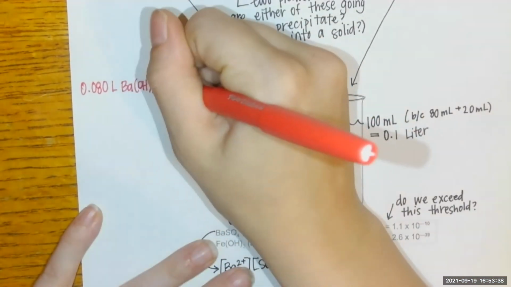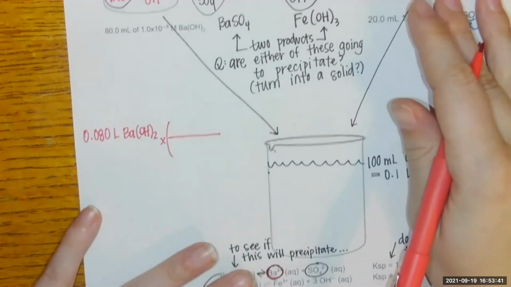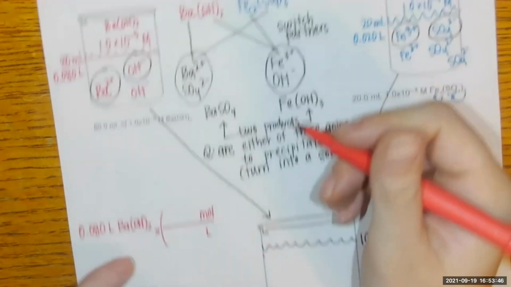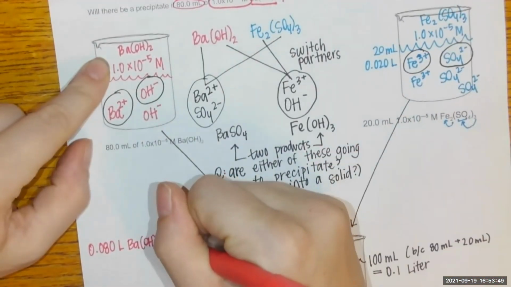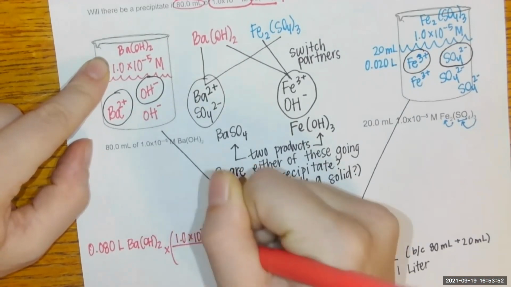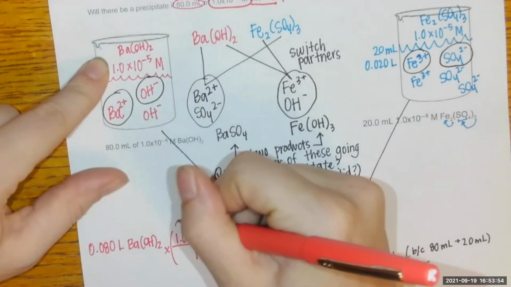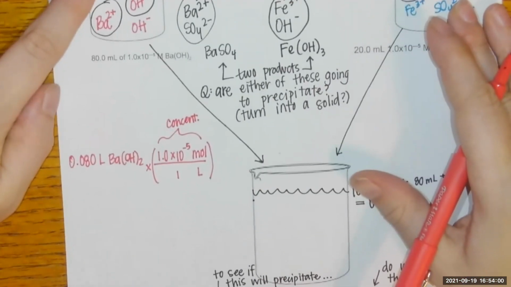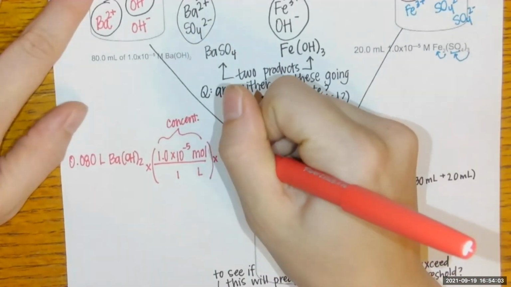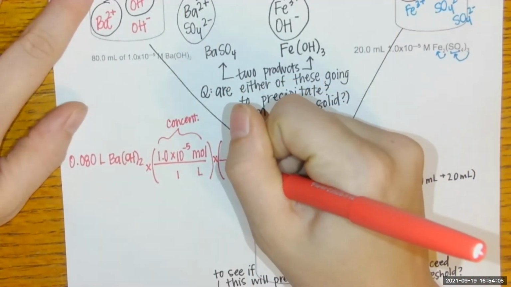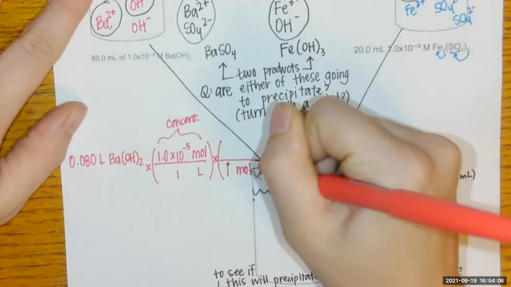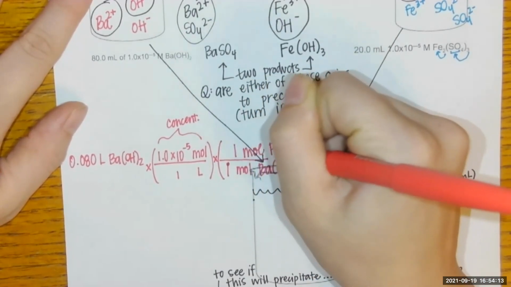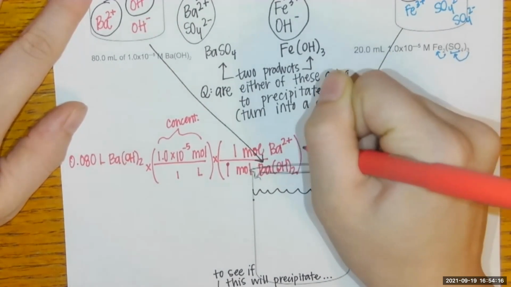We also knew the concentration was, let's see, concentration is moles per liter. So I'm going to pull this number, 1.0 times 10 to the negative fifth moles per liter. This is just the concentration. And for every 1 mole of barium hydroxide that I had, I was getting 1 mole of the barium ion, right?